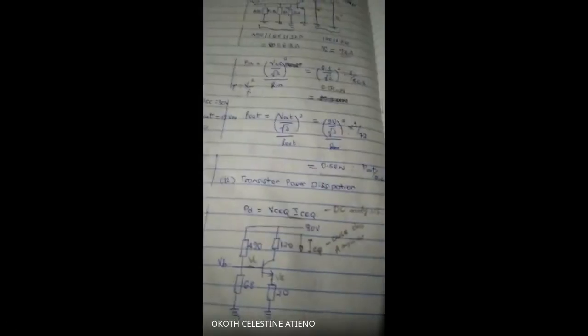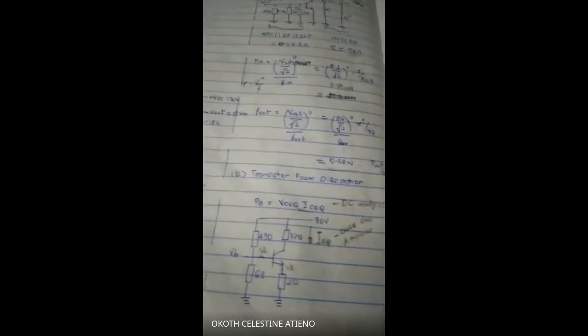If that happens, the quiescent power dissipation is VCEQ times ICQ. Okay, makes sense. That is what I used: DC analysis to get my transistor power dissipation.